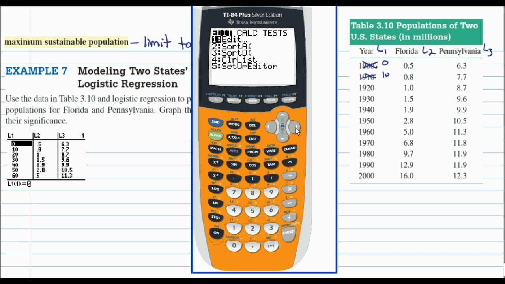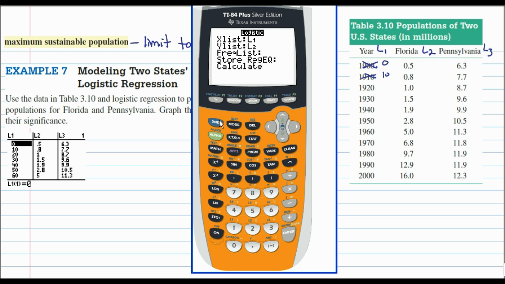So I'm going to go stat, calc, and then logistic regression. Oh, there it was, B. Went way over that. Okay, logistic. My first one is going to be Florida, so its X values are in L1, its Y values are in L2. Frequency list can stay blank.